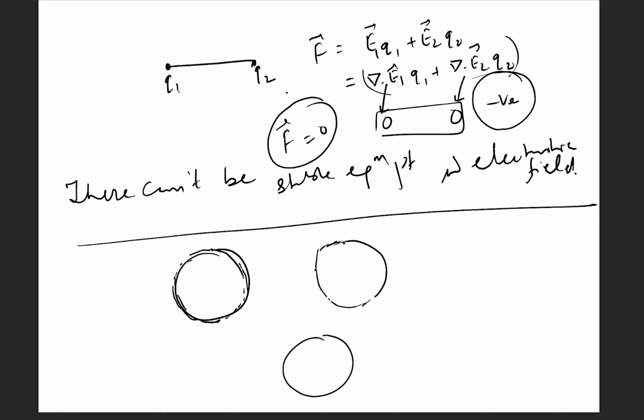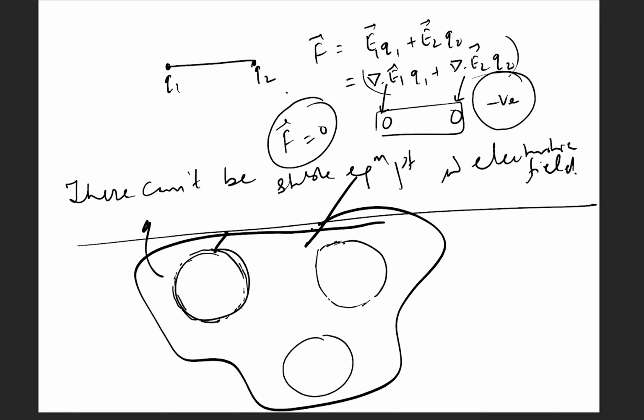So if there are many charged conductors, a stable equilibrium point means that if we perturb it, it should come back. Means there should not be any other position with a lower energy. So it will be difficult to prove this here. However, along similar lines to what we have seen in the point charge cases, we can go ahead and prove that a similar theorem exists for charged conductors.